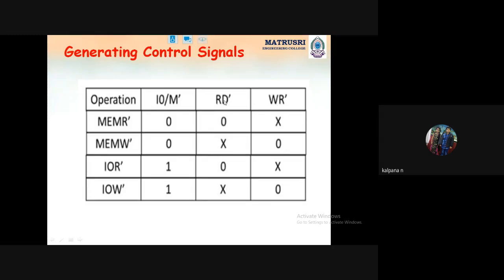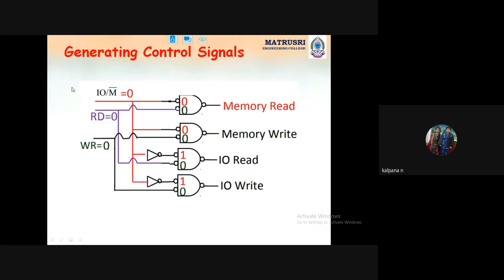So whenever RD bar is equal to 0 and IO/M bar is 0, memory read operation should be done.